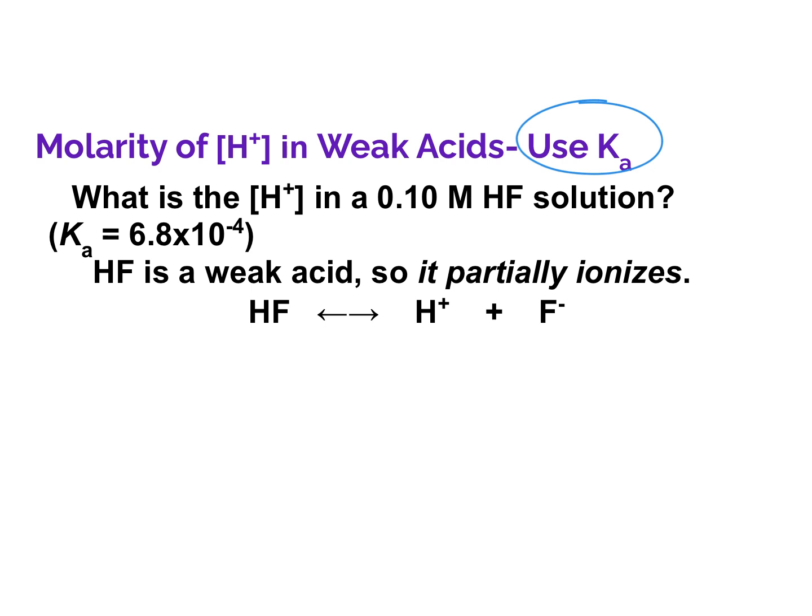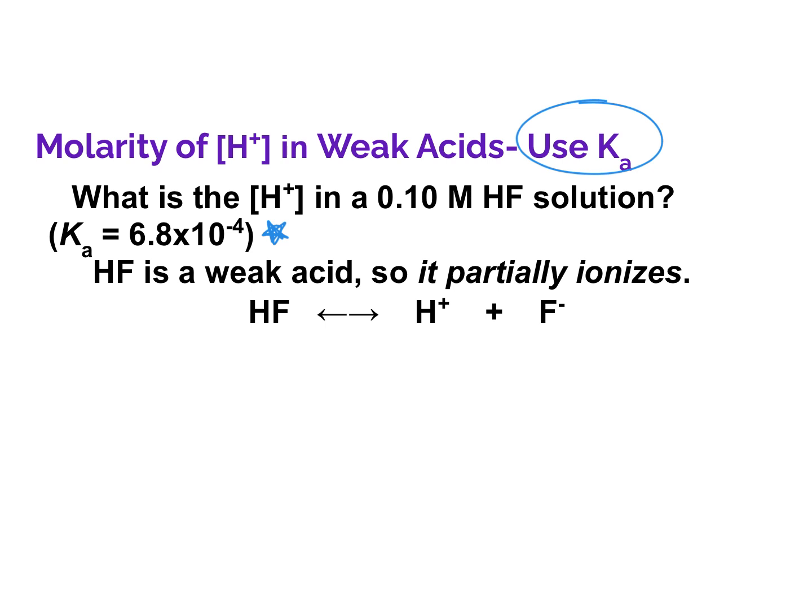Let's say we have this question, what is the H plus in a 0.1 molar HF solution? Here I'm giving you the Ka, and that's going to come from a reference sheet. We know that HF is a weak acid, so it only partially ionizes, which means some of that HF splits apart, but most of it is going to stay together as HF.